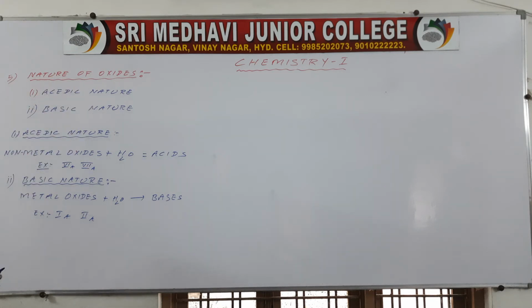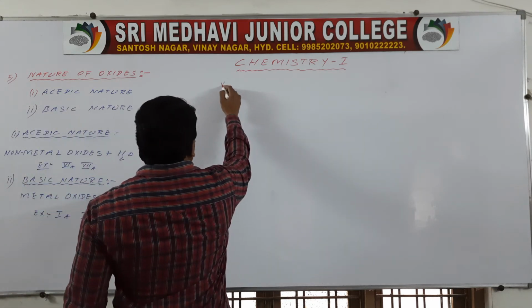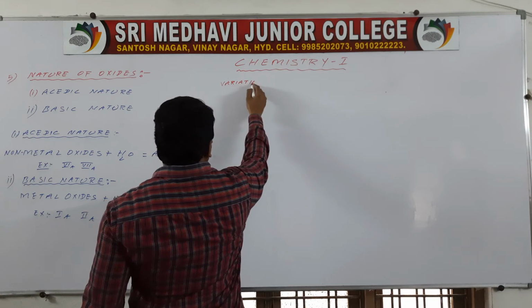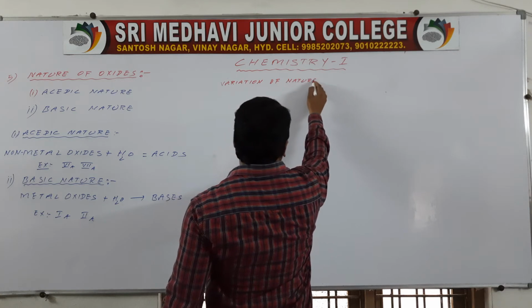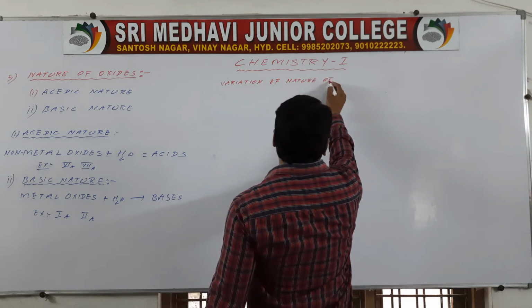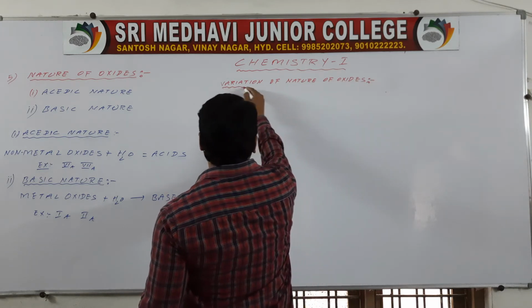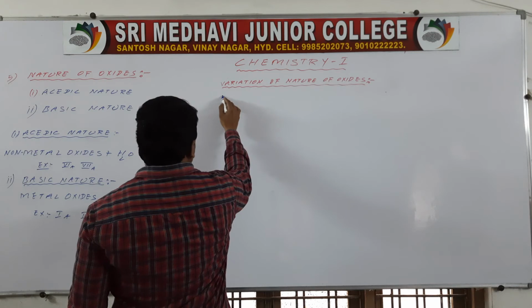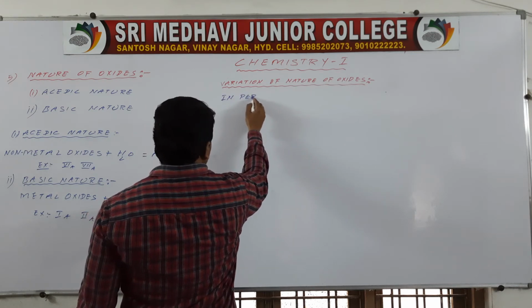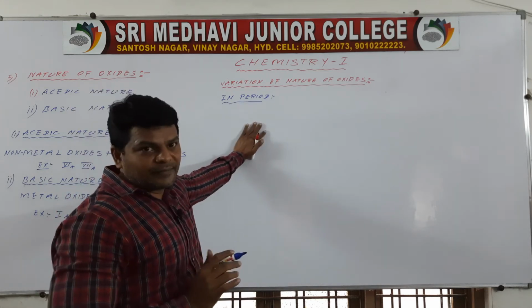Now, variation of the nature of oxides, that is, variation of acidic nature and basic nature in groups and periods. In a period first: what happens to the nature of oxides in a period?